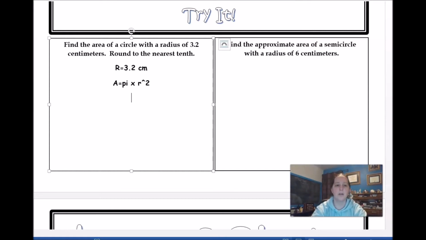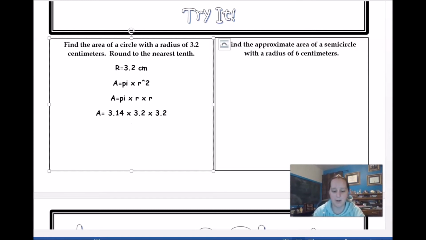So A equals pi times r times r. So A equals 3.14, because that's what they told us to use for pi, times 3.2 times 3.2.